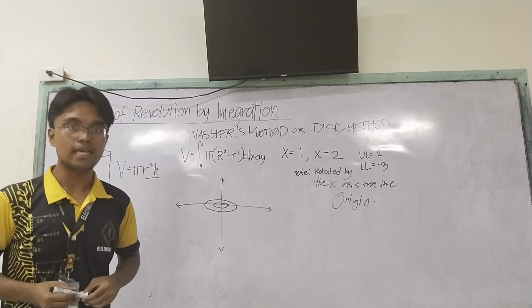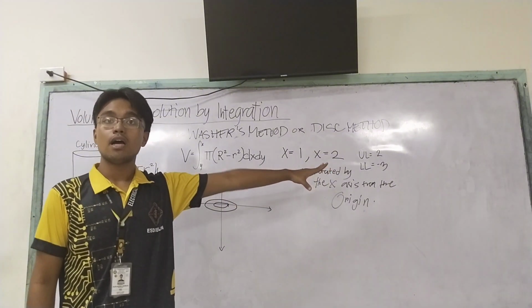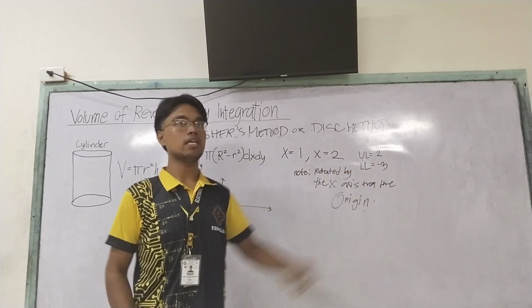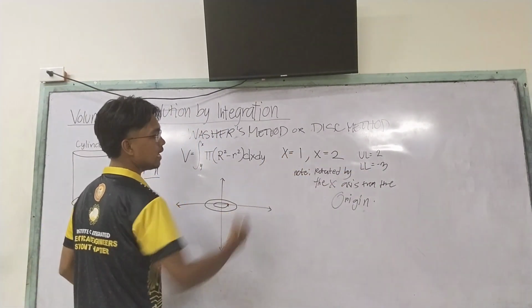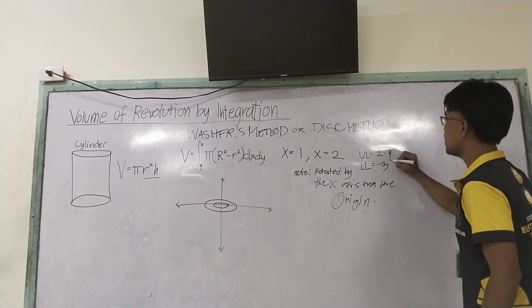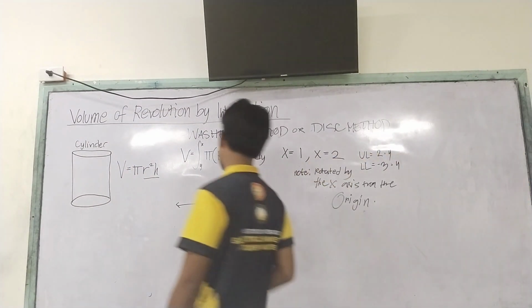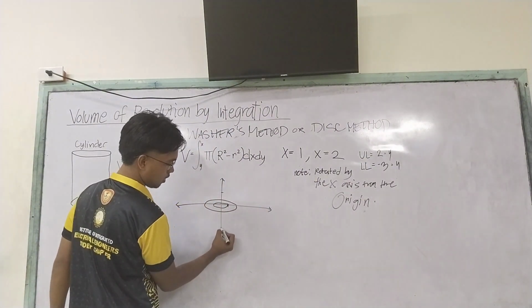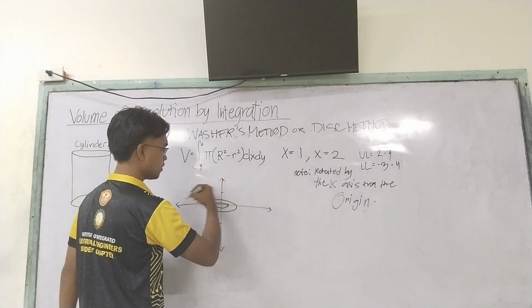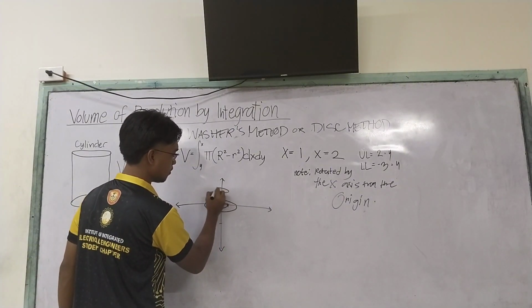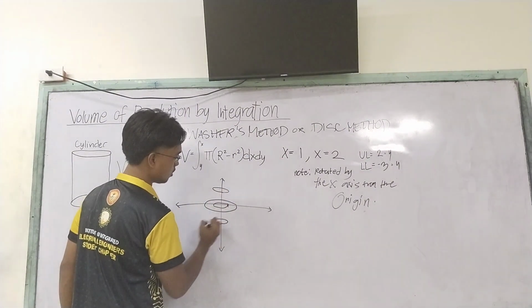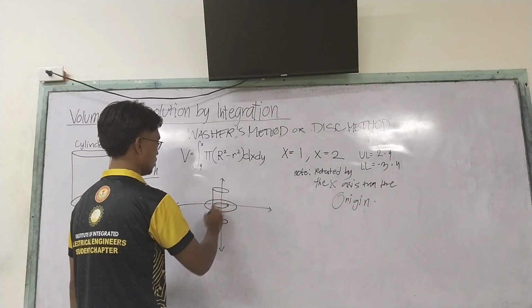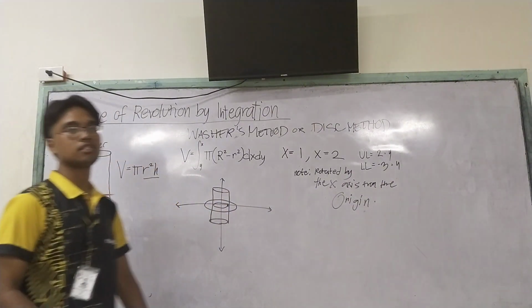By simply plugging in the given limits, the upper limit 2 and the lower limit negative 3, we can still build a revolution on each side and form a cylinder.